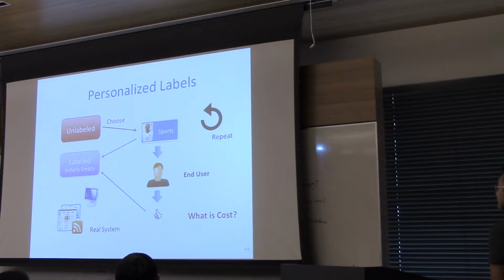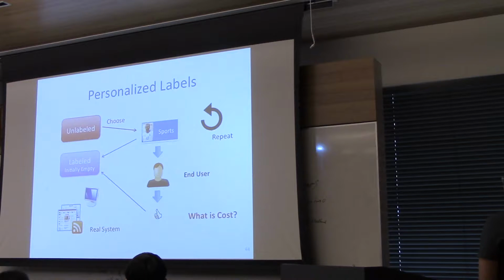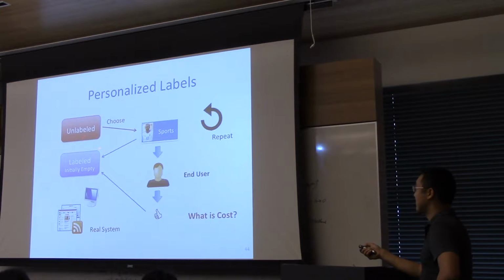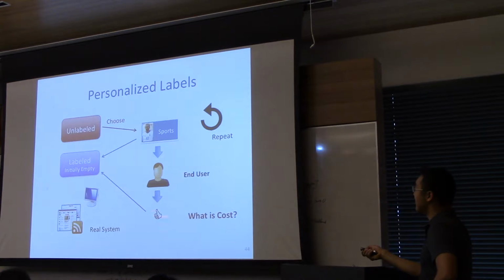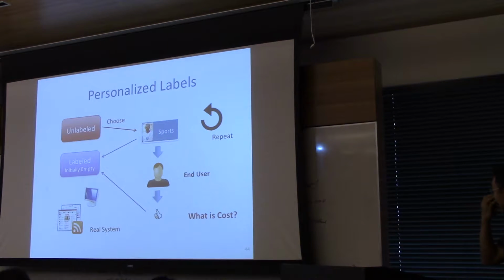Right? So here's what the situation looks like if you're doing clicking personalized labels. Let's say you're training a recommender system. And this is a real system, and it has a bunch of articles that are unlabeled by this user as interesting or uninteresting. Let's say, for simplicity, the user can say thumbs up or thumbs down, right?